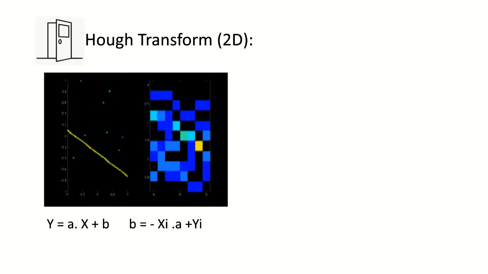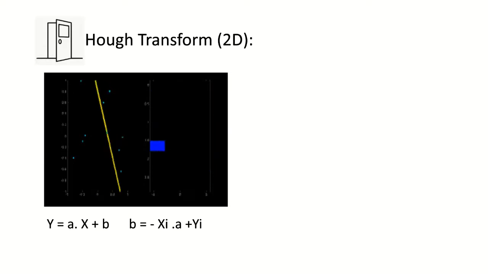Suppose there is a set of points in a space OXY and they belong to a line P. Each one of these points represents a line in parameter space. The intersection of lines in the parameter space is a point, say A, B, which represents the parameters of the line P in a 2D space.